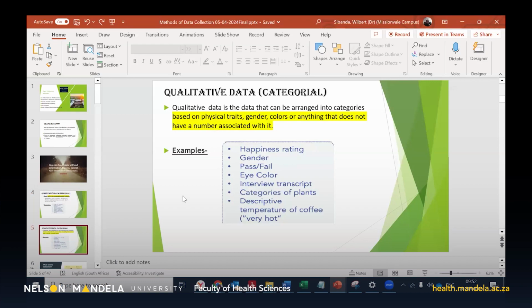And qualitative data then looks at categories. It is data that can be arranged into categories based on physical traits, gender, color, anything that does not have a number associated with it. Happiness rating, like very happy, happy, and not very happy. Gender, male, female. Eye color, blue, red, green, and so forth.